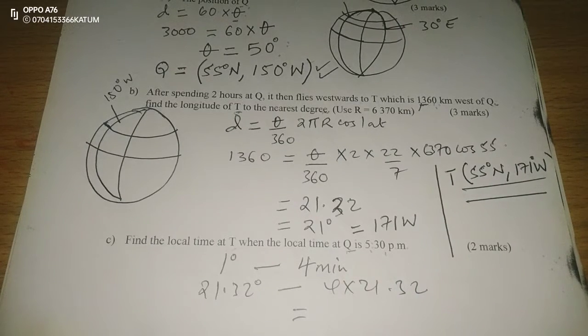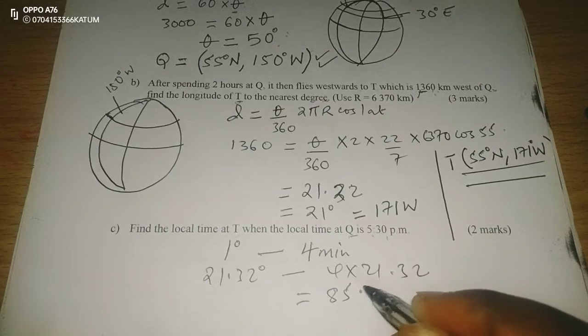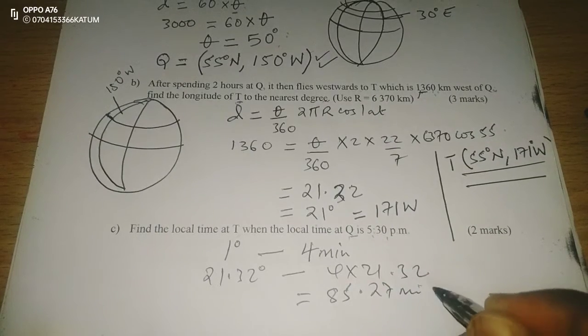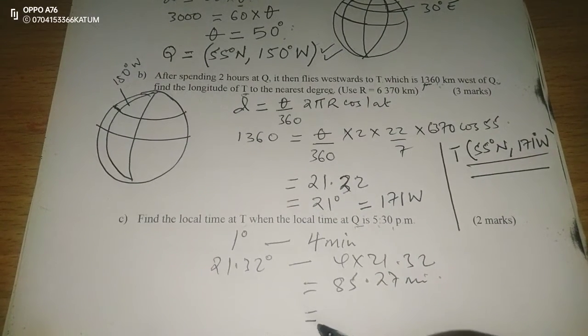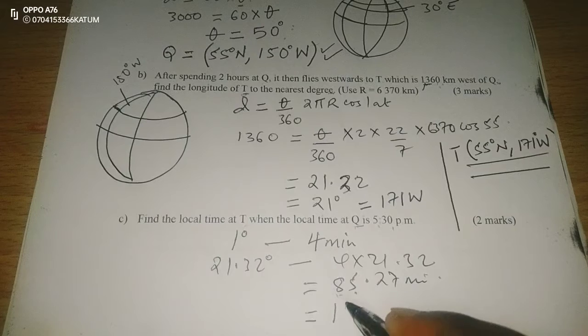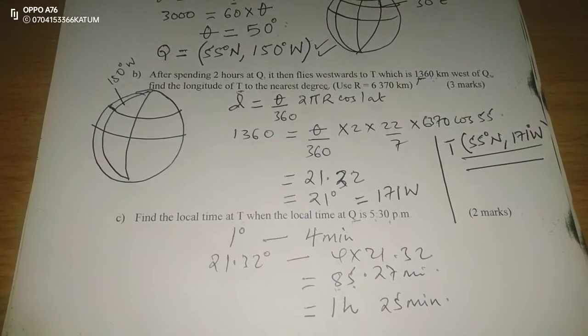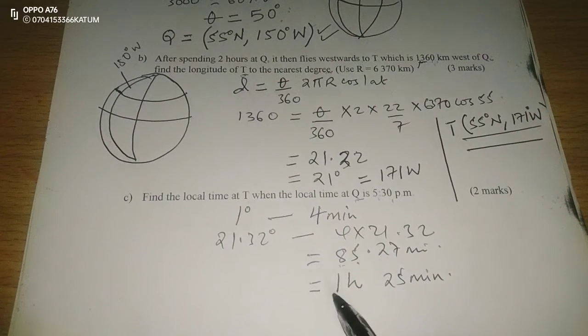This is 85.27 minutes, which is 1 hour and 25 minutes. We can ignore the seconds part. Therefore, we have 1 hour 25 minutes time difference.